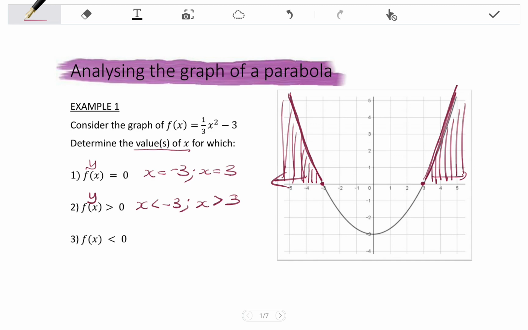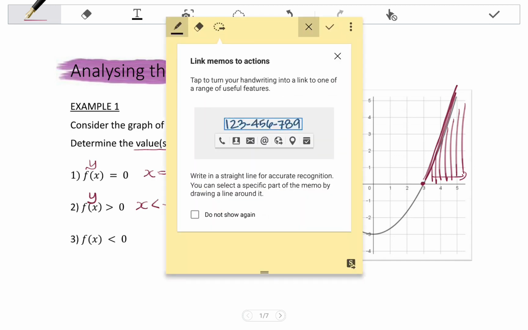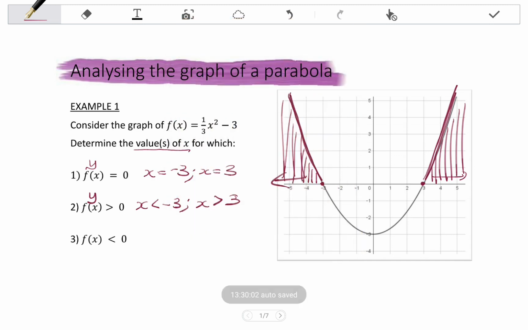Number 3 asks for the x values where f of x is less than 0. Again, this is where the y values are negative. Now, y values are negative below the x-axis. So I'm looking at the part of the graph that is below the x-axis, which is this part. Now I need to answer in terms of the x coordinates, so I draw vertical lines to understand where the x values are, and they range from negative 3 to 3.